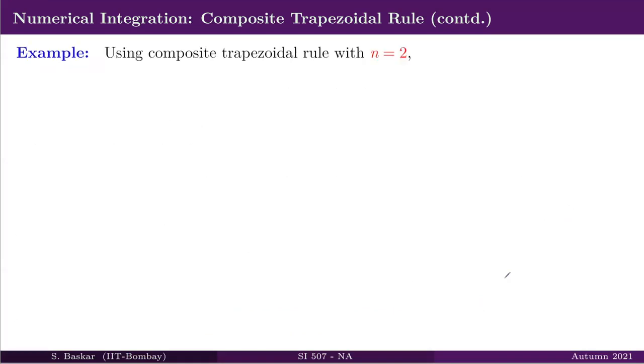Again, let us take an example where we take n equal to 2, whereby we are breaking the interval a to b as x0 to x1 and x1 to x2. So we have two pieces, and in each piece, we will be putting the trapezoidal rule.